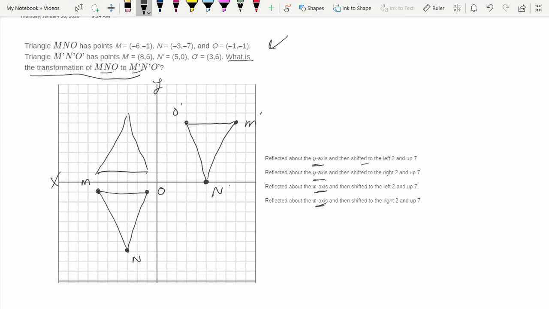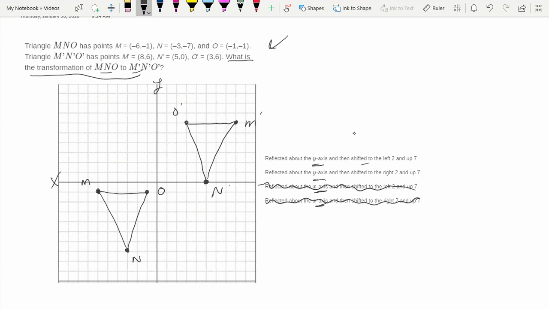Now, I pretty quickly can see that once I reflect over the x-axis, there's not a translation that takes it to where M prime, N prime, O prime is. So I can just tell that that's not going to work. I can't reflect across the x-axis and then translate.